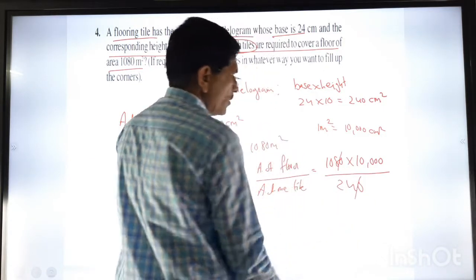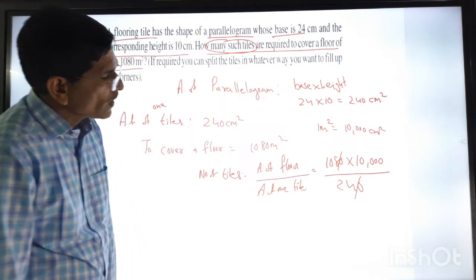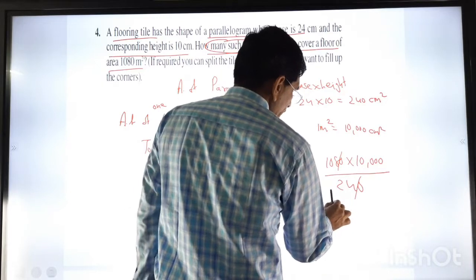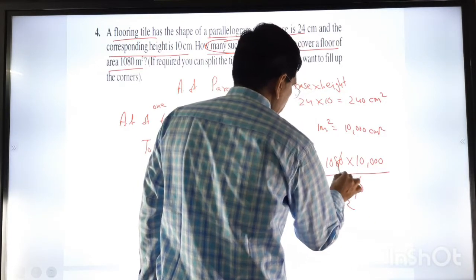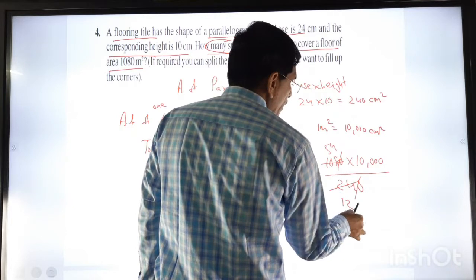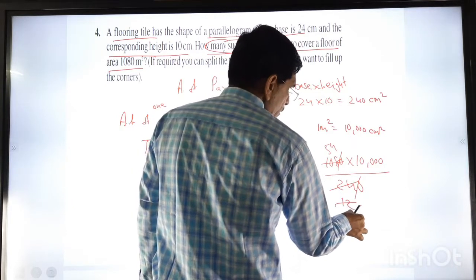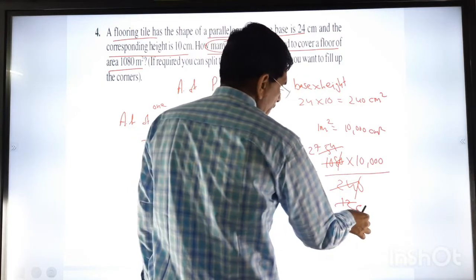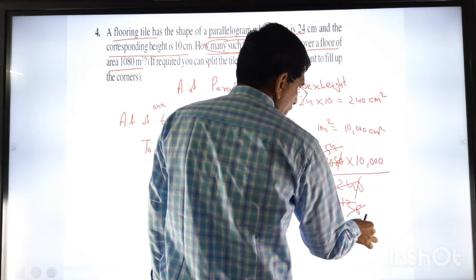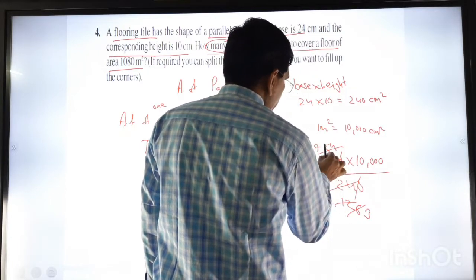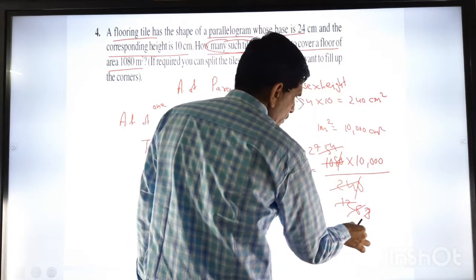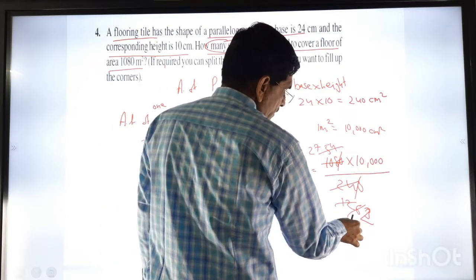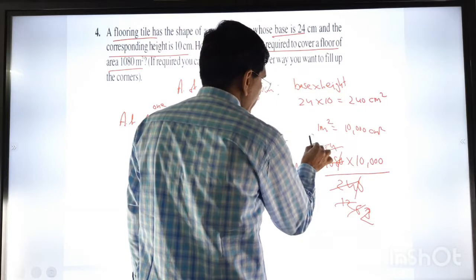These zeros cut. Now divide by 2: 12 divided by 2 is 6, 54 divided by 2 is 27, and so on. 6 divided by 3 is 2, and here we get 9.